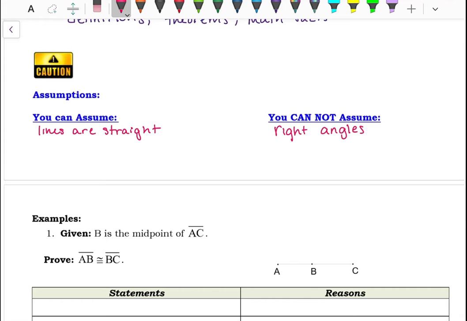You can't assume parallel lines. You can assume that the lines are straight, but you can't assume that they're parallel. You cannot assume congruent angles. You can't say that these two angles look the same, so they probably are the same. Not a good assumption. We could go on and on in that list of things that you can't assume, but let's just get on to some examples.